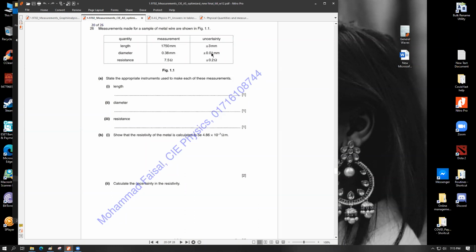Now a typical meter rule has a smallest fraction of 1 millimeter, not plus minus 3 millimeter. But here it says a fractional uncertainty of plus minus 3 millimeter, which in my opinion is also quite troublesome. Can you please tell me why these two numbers are not agreeing with each other? Can someone tell me that logic?